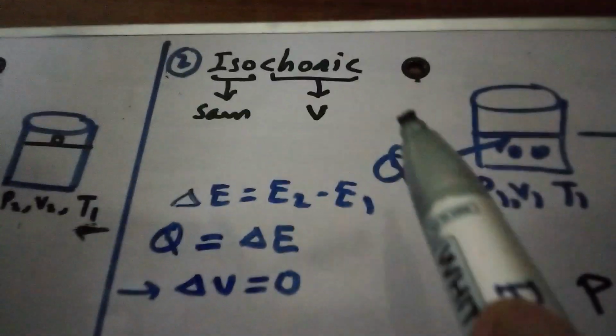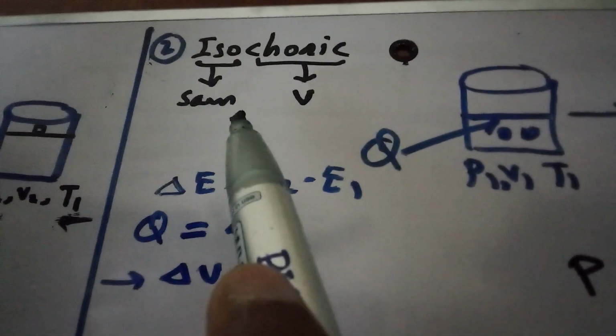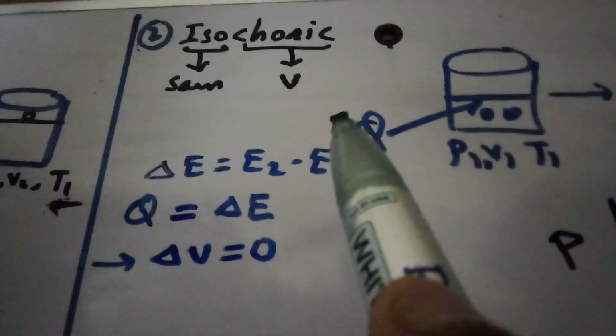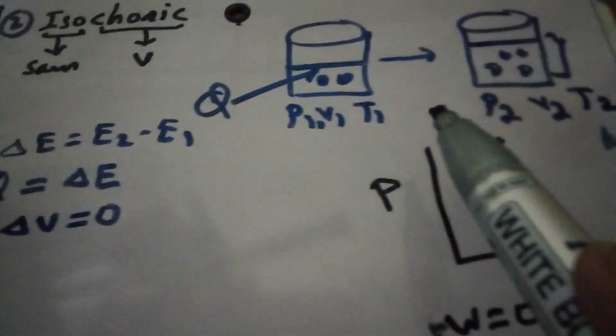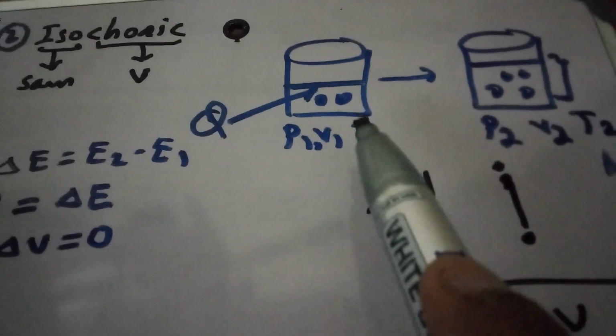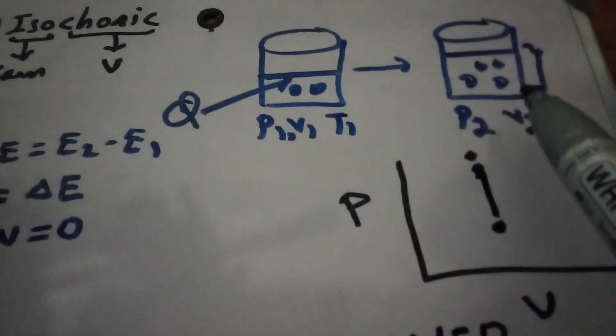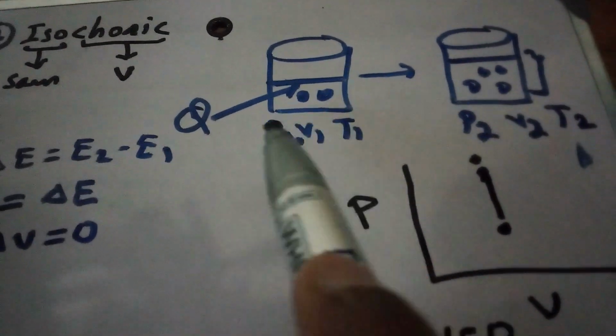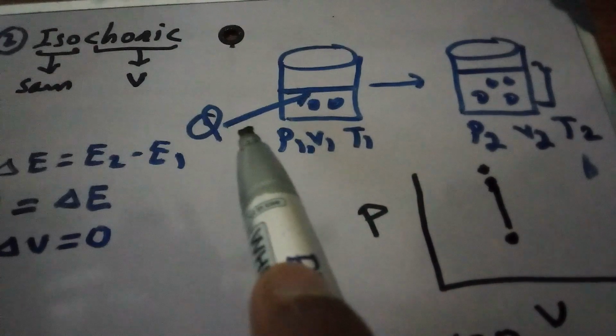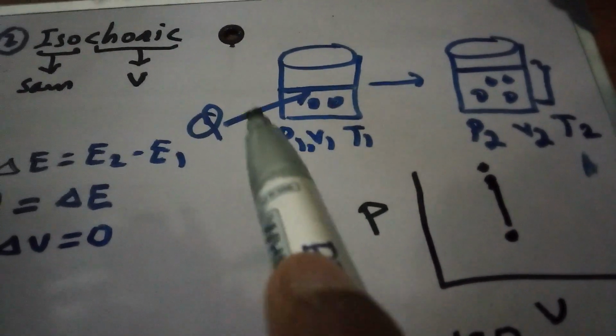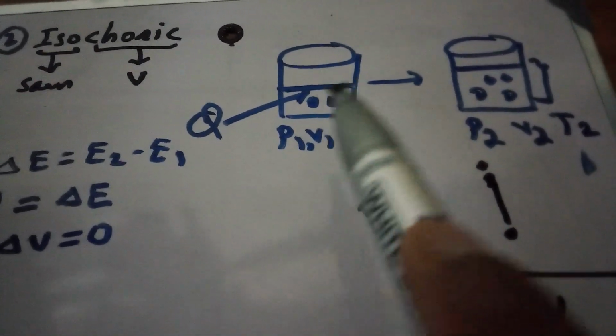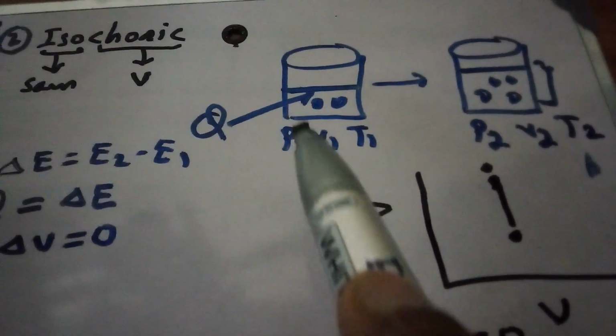We have the second process, the isochoric. Iso means the same, choric means volume. Again we have two vessels. If we provide heat to this system, it absorbs the heat.